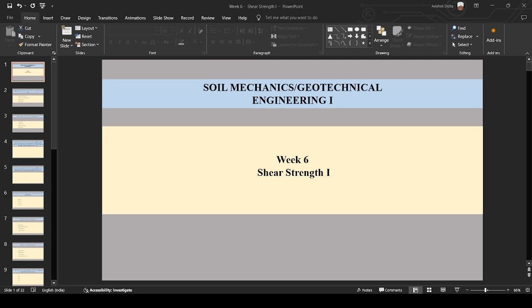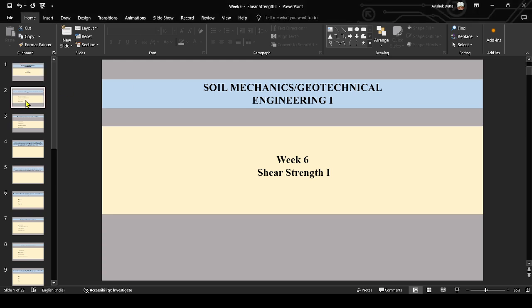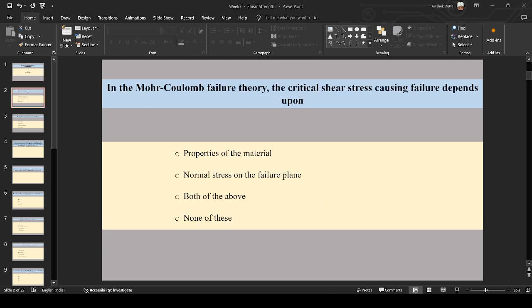So the first question was, in the Mohr-Coulomb failure theory, the critical shear stress causing failure depends upon.